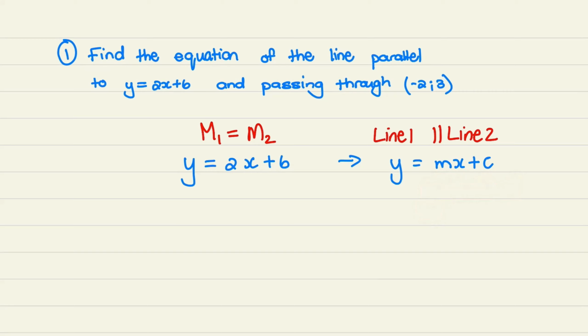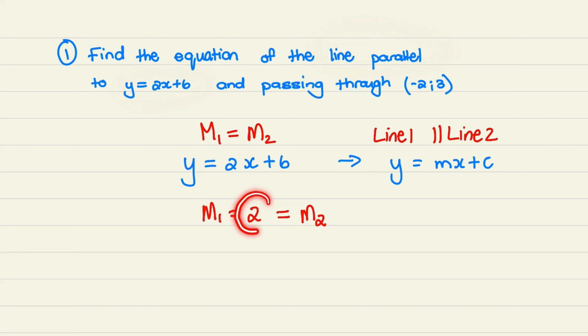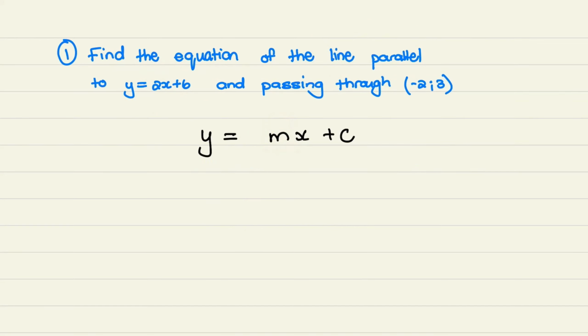So the gradient of line 1, which is given to us, is equal to 2. That means the gradient of the line which we want to find is also equal to 2, because that line is running parallel to 2x + 6. So they share the same gradient. So in terms of our standard equation, the gradient of the line which we want is equal to 2, so we can replace m with a 2.